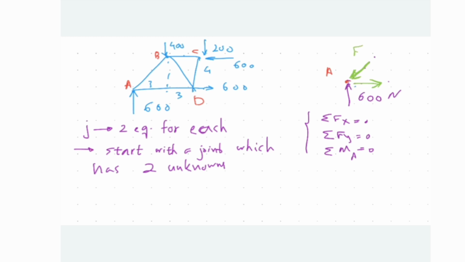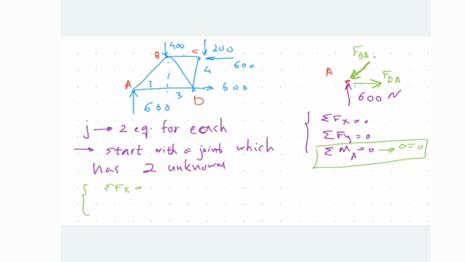This is F, applied from B to A, and this is F, applied from D to A. If I use the moment equation, it would be 0 equal to 0, because all forces go through A and there is no arm for them. So that equation is not working, and I'm using only two equations for two unknowns.